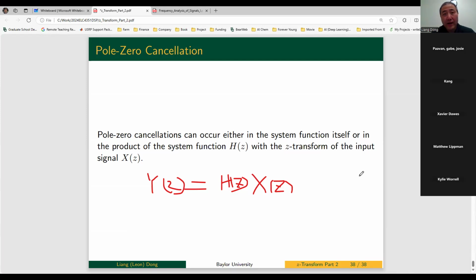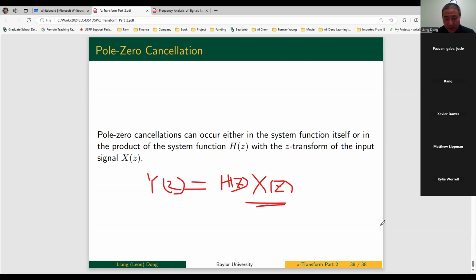So I can argue that my system cannot deal with all signals, but I can deal with a certain kind of signals, which have a zero exactly on that pole, such that the pole is canceled out. So I can make some smart move on that. Later we will show some interesting problems. Actually, I have a midterm exam on that: how to design a signal that can cancel out an unwanted pole of your system.